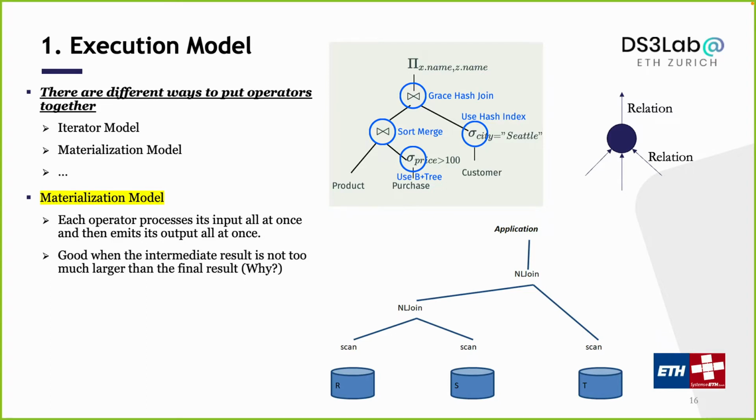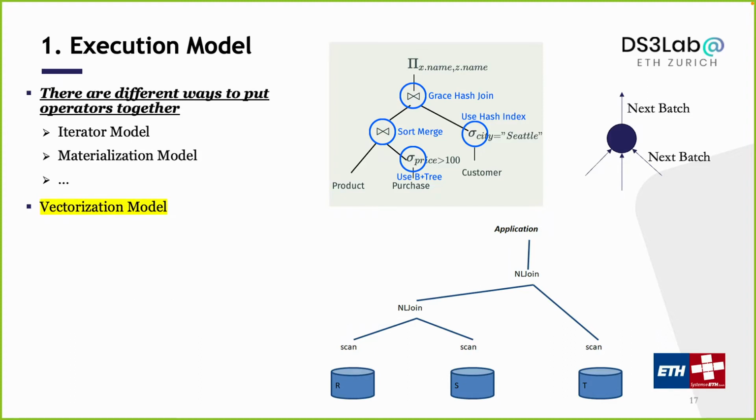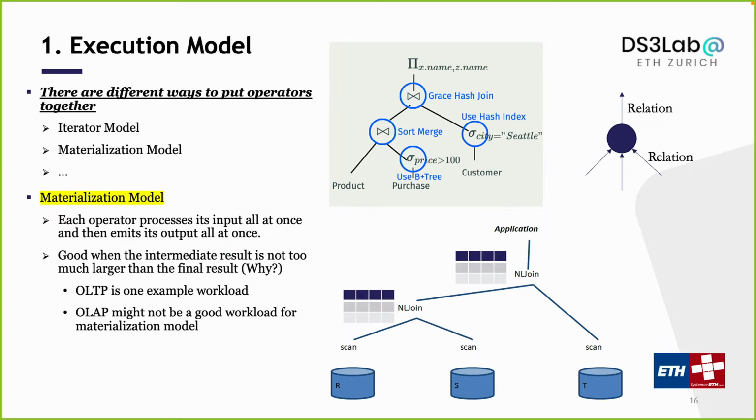So for example, one thing that we can do in this case is I will first run the nested loop join operator on the left-hand side. I'm going to take R, take S, and I just output this relation. I write it somewhere. And then I will run the operator above it. Then it will generate a whole relation and return it to the application. Okay?